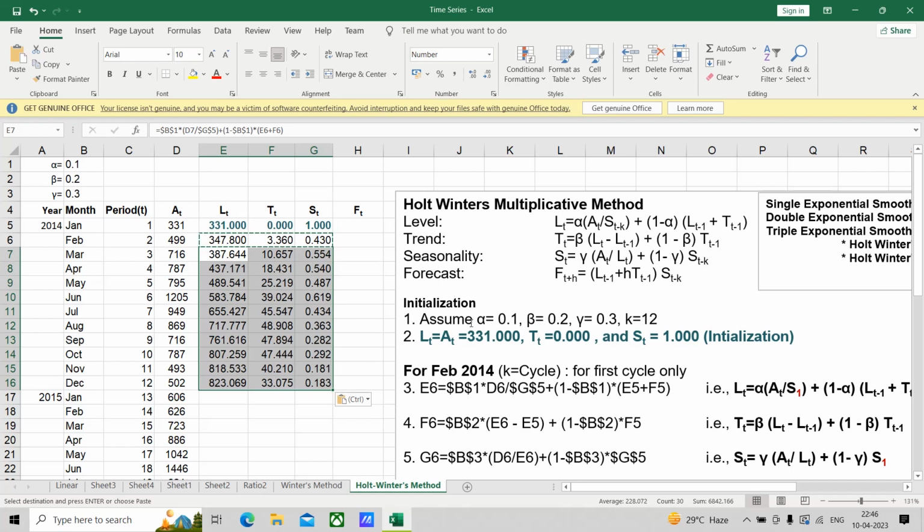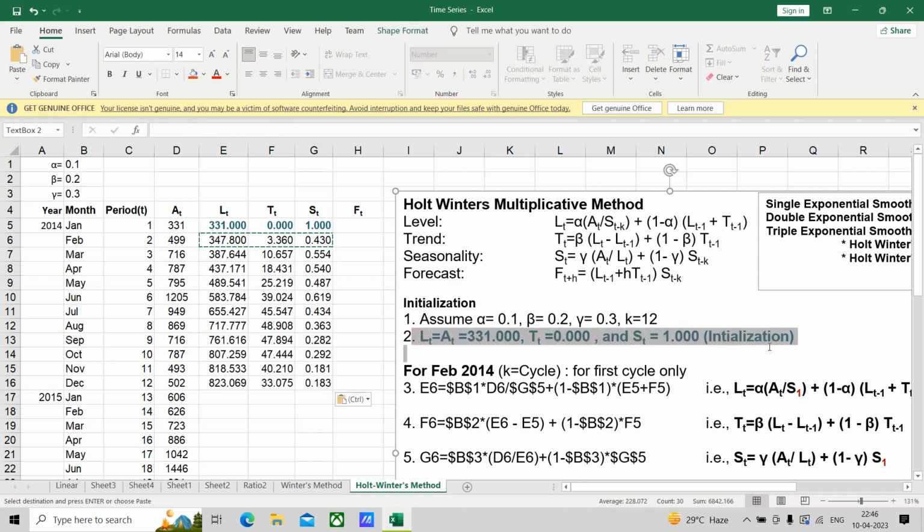The first row is initialized by this rule, step 2, and from February to December I have used this formula. This Lt is entered in E6, and this Tt is entered into F6, and this St is entered into G6.